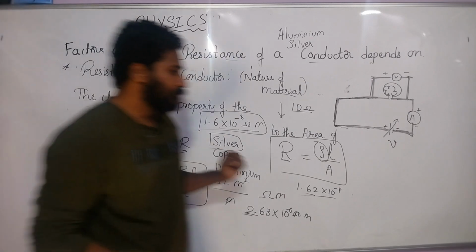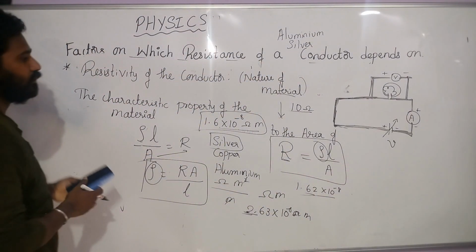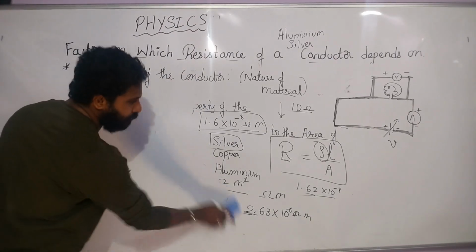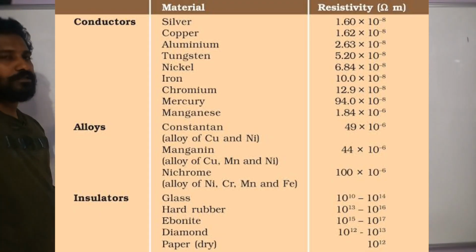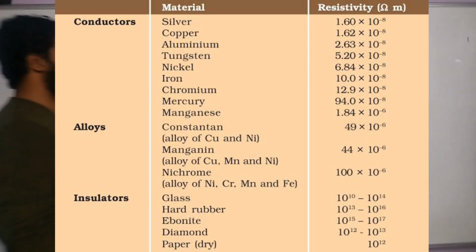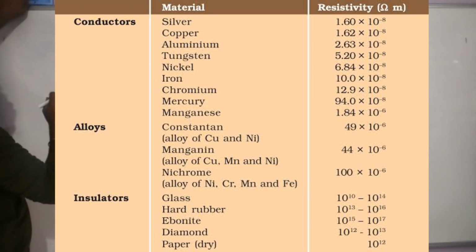So next, this is about the resistivity of the conductor. Now we will discuss one table that I am showing here. These are the resistivities of different metals and non-metals. You need not memorize this; they will give it to you to solve any kind of problems.